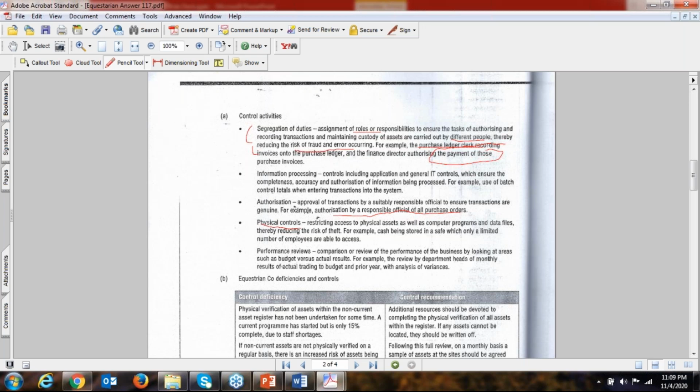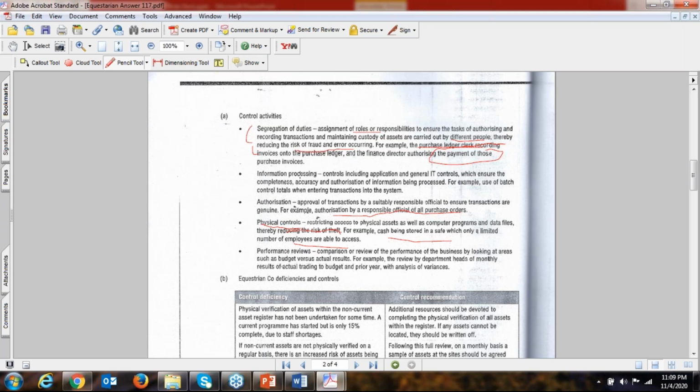What is the advantage? The advantage is reducing the risk of theft. Now you need to give the example: cash being stored in a safe which only a limited number of employees are able to access. So this is the first part of the control activities.